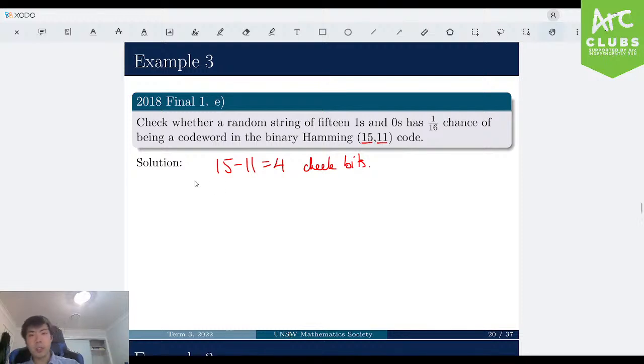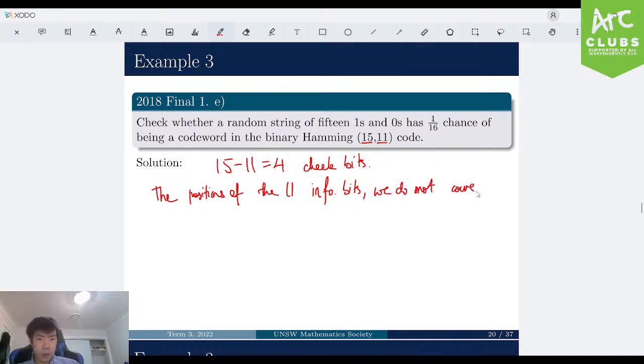We need those 4 check bit positions to be the unique solution to that augmented matrix when we solve it, yeah? So the positions of the 11 info bits, we do not care about, right? We only care about the values of the 4 check bits.